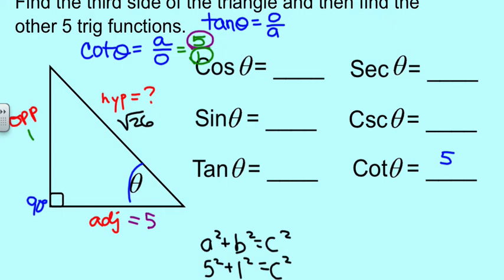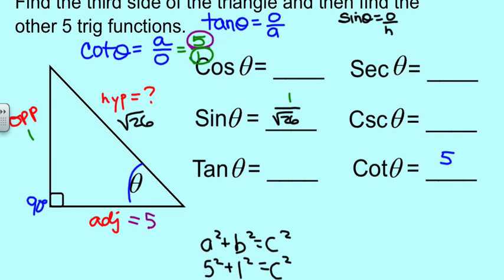Now I can evaluate the rest of the trig functions. So start with sine. Remember, sine represents opposite over hypotenuse. So opposite is 1. Hypotenuse is square root of 26. Now I'm going to leave it alone for right now. A little bit later we do have to clean it up. We're going to have to rationalize the denominator.